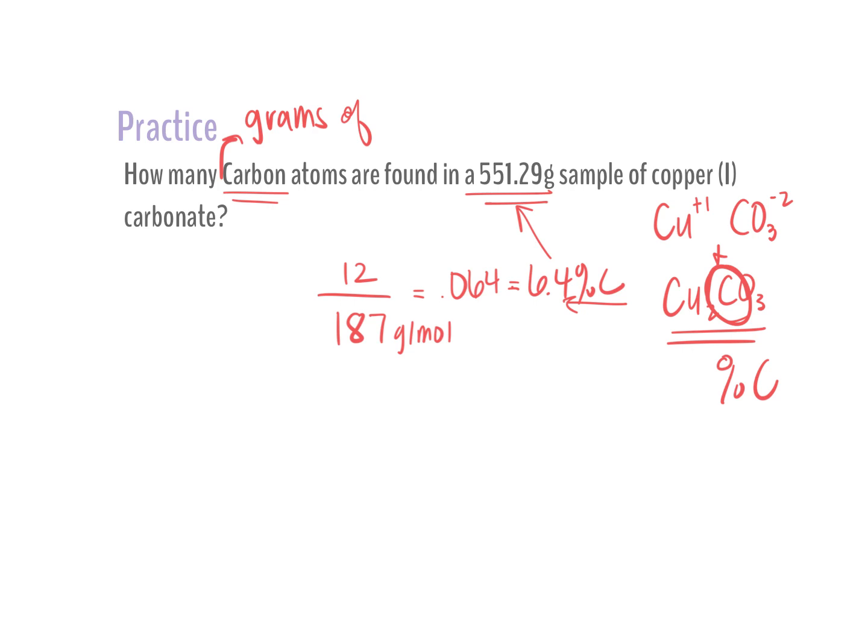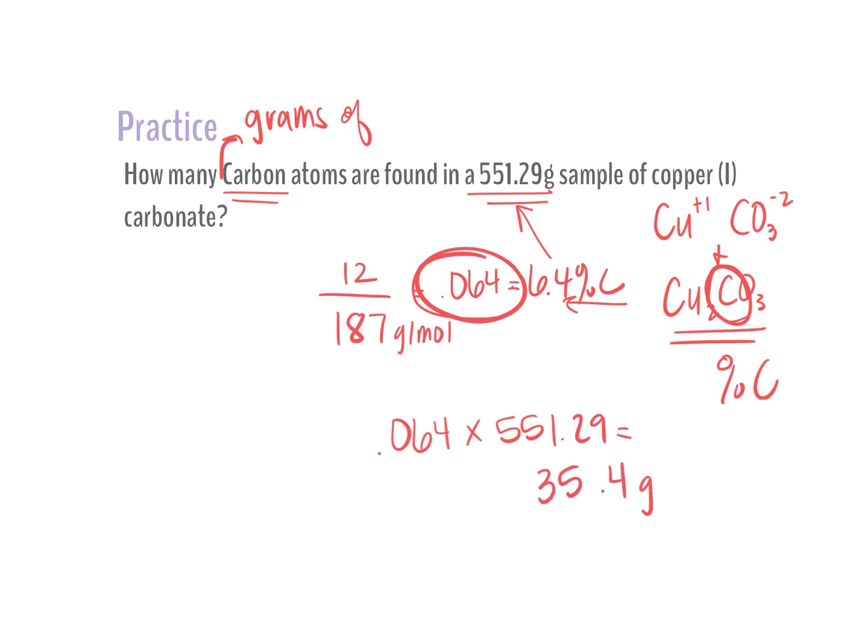To do that, all I have to do is take that decimal, 0.064, and multiply it times my total. And so that gives me 35.4 grams of carbon in my sample.